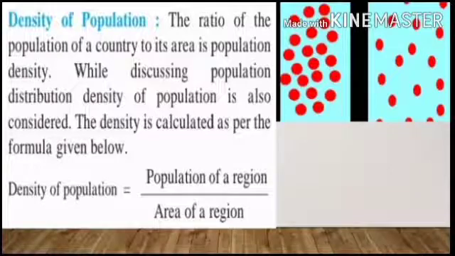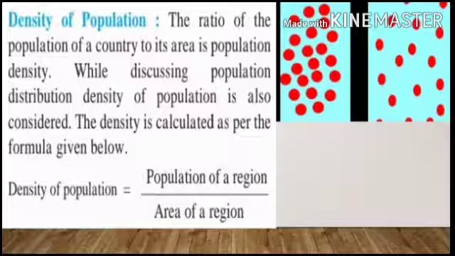Density of population. The ratio of the population of a country to its area is population density. While discussing population distribution, density of population is also considered. Means when we see that population is spread unevenly everywhere, density of population is calculated.